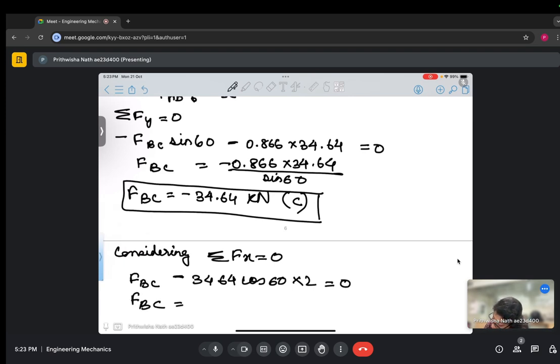FBD equal to 2 into 34.64 into half, that is equal to 34.64 again.